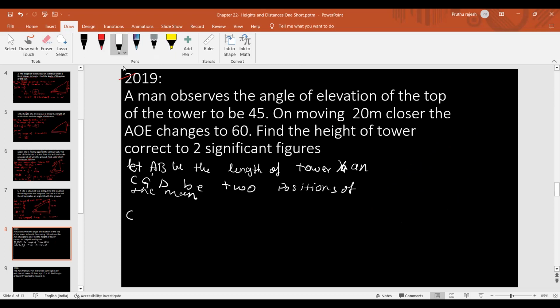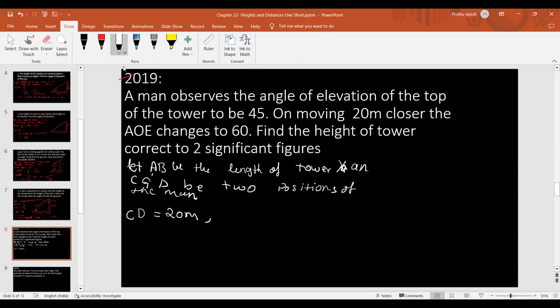Now CD was found to be 20 meters. He moved 20 meters closer from point C, to where the angle of elevation was 45 degrees. So now he moves 20 meters closer to the tower, and his angle of elevation changes to 60 degrees.